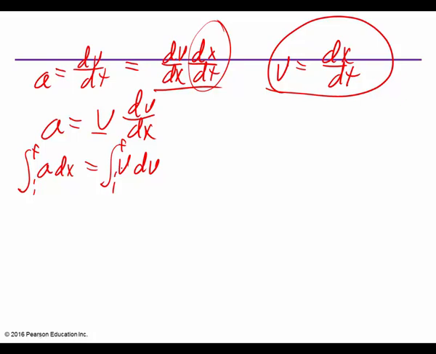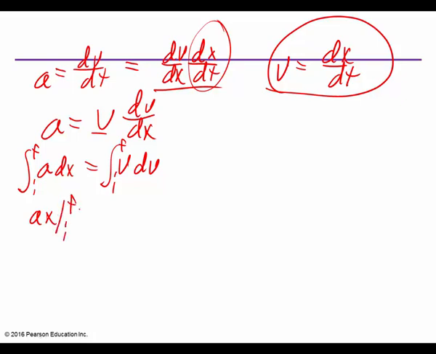Okay, so when we integrate both sides, what do we end up getting? Well, if we integrate with respect to velocity, look what we get. We get x, because what is the integral of dx? The integral of dx is x.